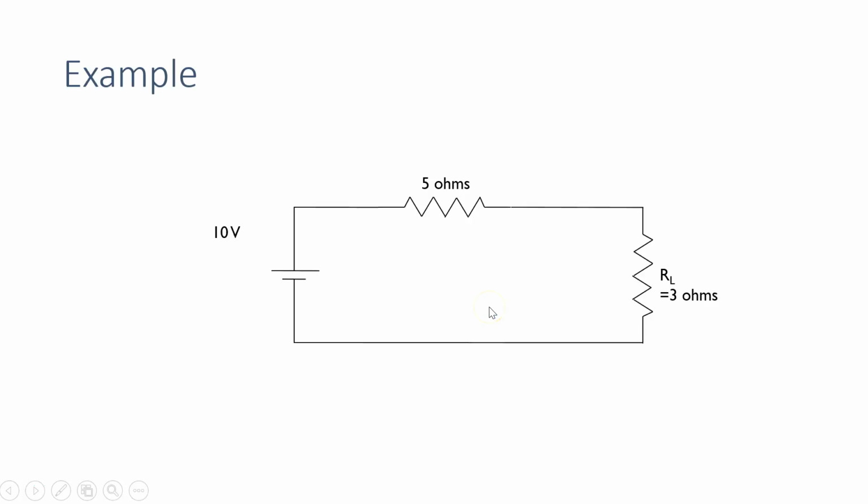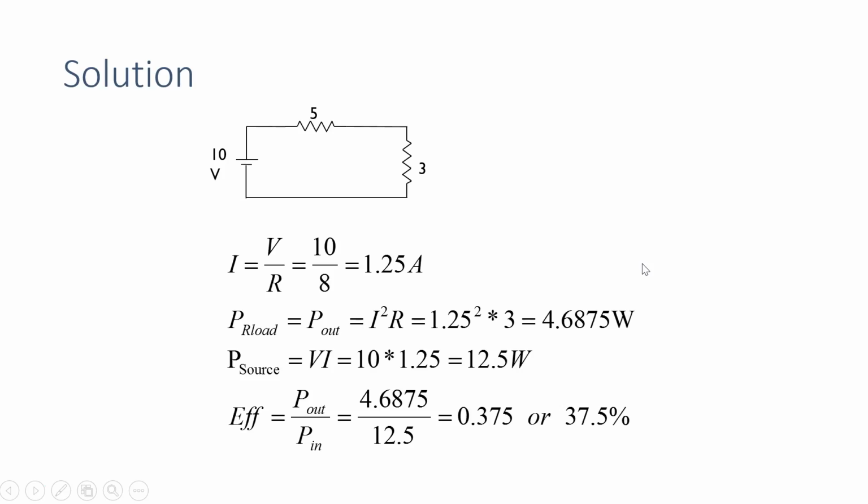So if we look at a simple example here, what we want to do is find the power dissipated in the circuit and the efficiency with which the power is delivered to the load. So if we want to find the power delivered in the circuit, the power coming from the source and the power going to the load, we need to find what are the currents in the circuit.